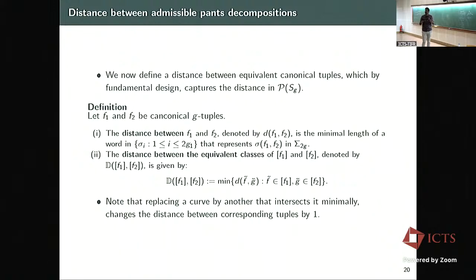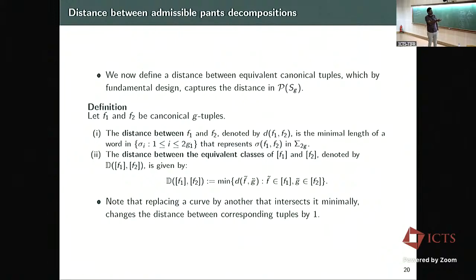Okay, word means that I'm taking a word in sigma 2G, which is a symmetric group, and I'm writing each symmetry as a product of transpositions. And what is the minimum between two such things? That is basically what I'm defining to be the distance.